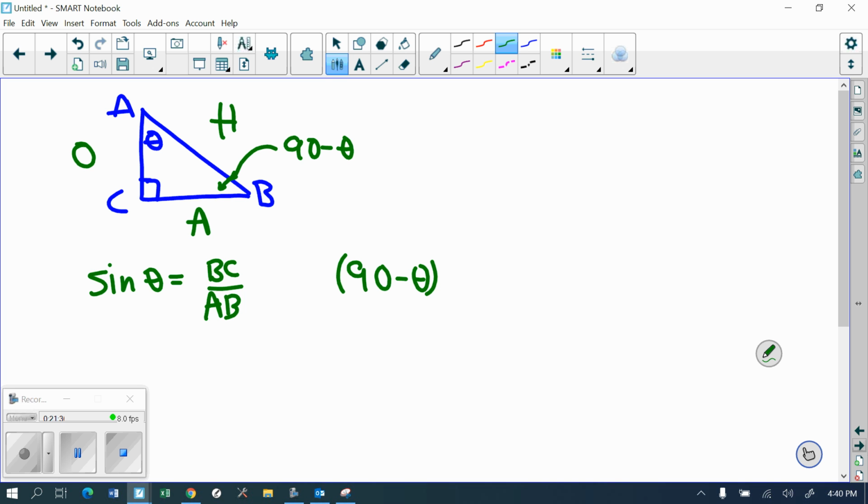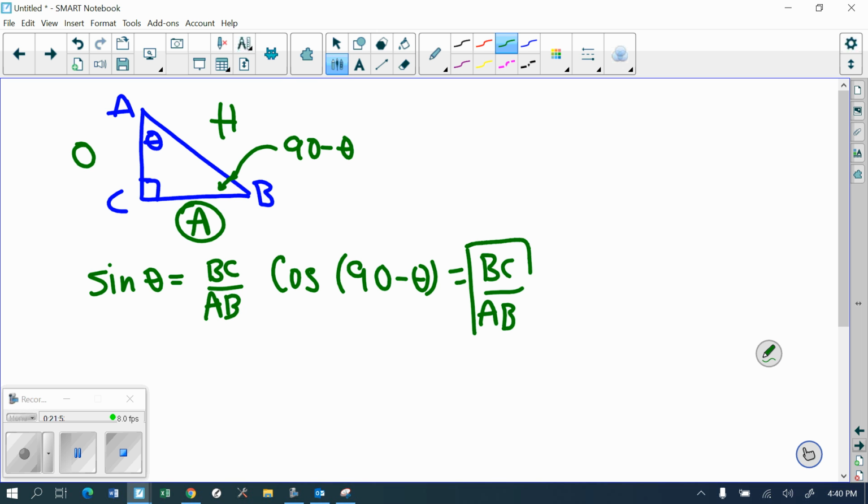And which one is going to give me the same answer, BC over AB? Where's BC here? BC is the A, and AB is the H. So what is A over H? That's cosine. So the cosine of 90 minus theta equals BC over AB.